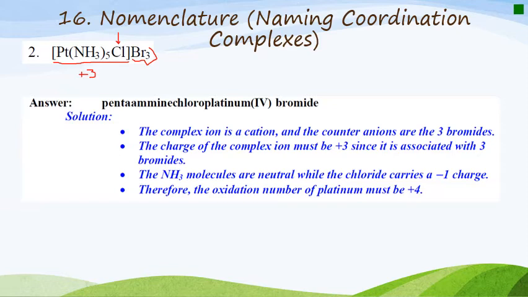Okay, so you will see that from this point of view here, this totals -4. Therefore, the oxidation number on platinum is +4. And that's where I get this from here. Okay, and the 5 ammonias becomes pentaamine, chloro, platinum, bromide.